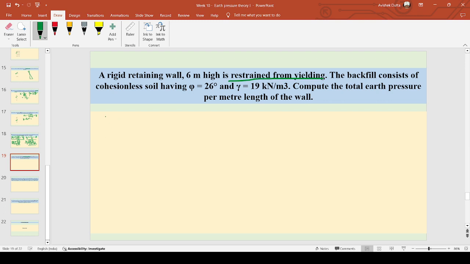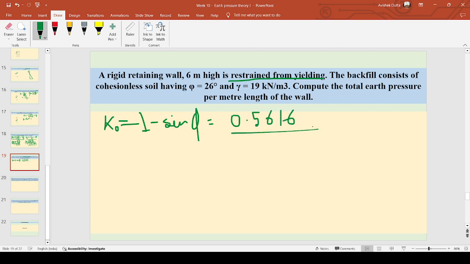So the value of the coefficient will be how much? What is the formula for the coefficient of earth pressure at rest? 1 minus sine phi, just the numerator in the case of active. That gives a value for phi 26 degree of 0.5616, isn't it?